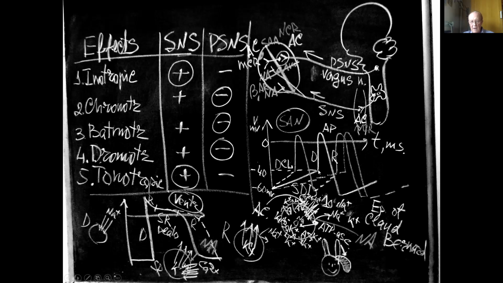When the negative electric charge at the inner surface decreases from minus 60 millivolts to minus 40 millivolts, the fast, rapid depolarization starts. It depends on the permeation of the sodium ions. You know this.